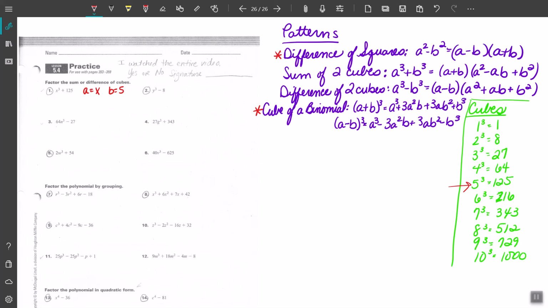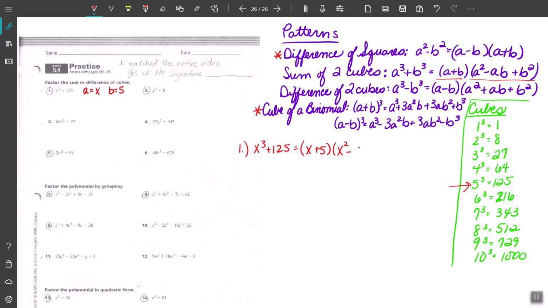We're just going to write it in. I'm going to do it right here because I have more room. So x cubed plus 125, and we're going to follow this pattern. It's going to equal a plus b, which is x plus 5. Okay, I'm getting that from right here. And then I'm going to follow the rest of it. A squared, which is going to be x squared, minus a times b.